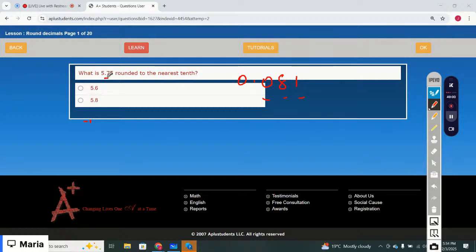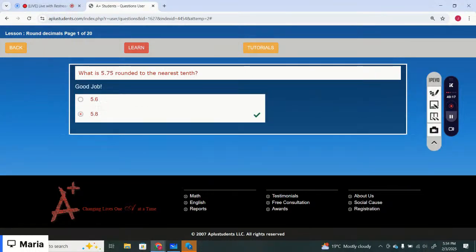So the tenth digit is 7. Right next to 7, that is 5. 5 is equal to 5, so you need to round up. That would be 5.8. Option number 2 is the correct option.